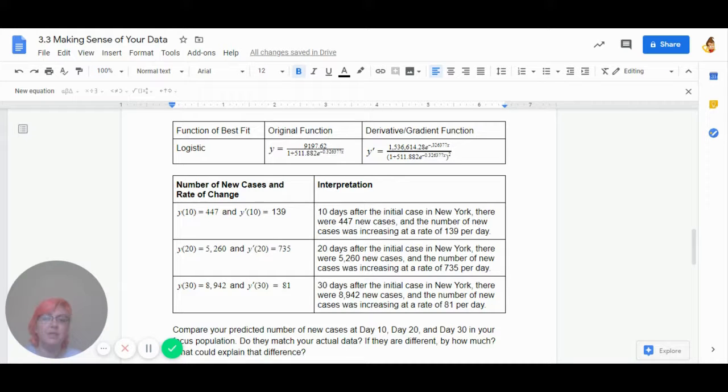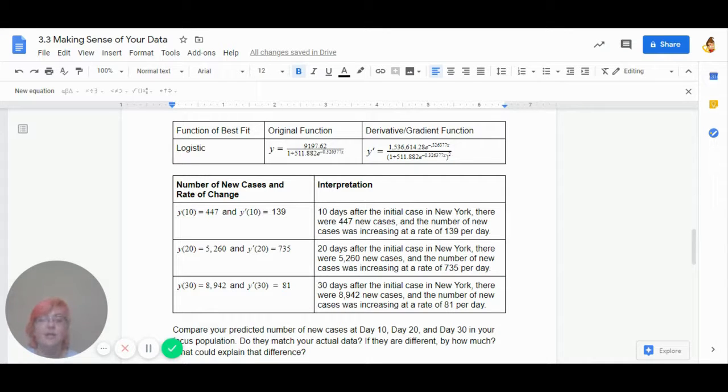Now, that doesn't mean that there would be 139 new cases. There would be 139 more new cases than there was the day before. At 20, we had 5,260 as our predicted number of new cases, and the number of new cases was increasing at a rate of 735 per day.